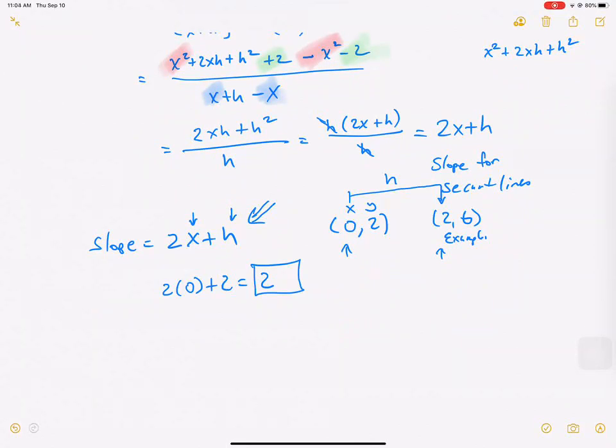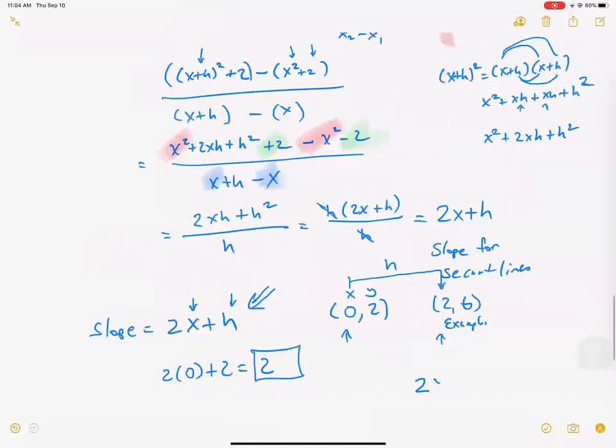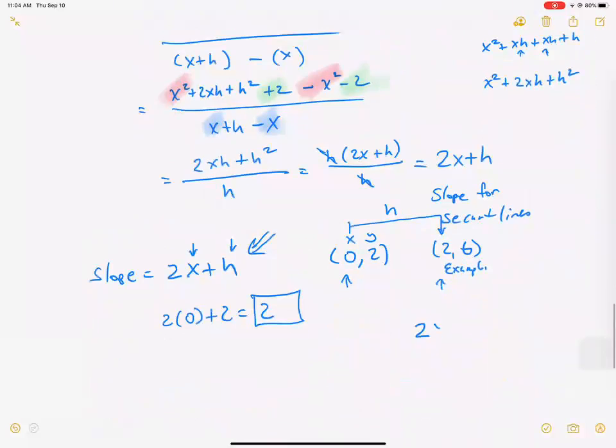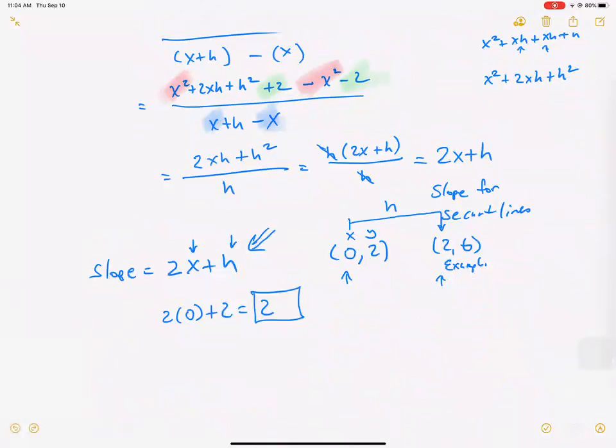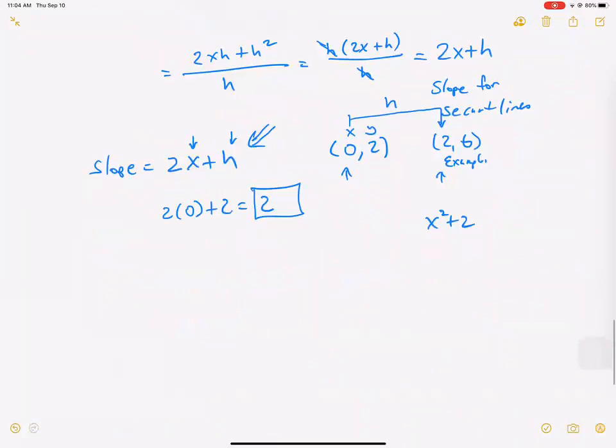Okay? Now, this is just an overall idea here. We came up with an equation that tells me all the possible slopes of the secant line. Does this work truly? Let's go ahead and look at our equation again. Our original equation was x squared plus 2. If we chose the point 0, 2, let's pick another point along the line.